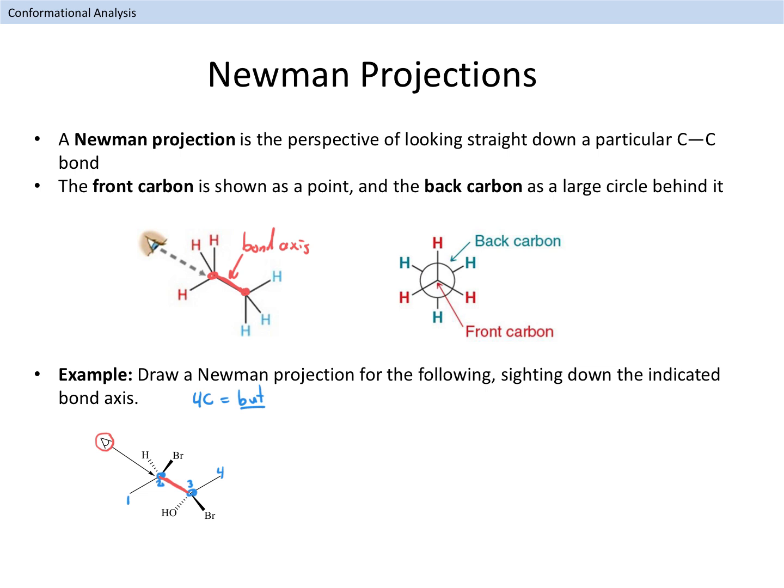In this example, the perspective is indicated by the inclusion of the eye graphic, which tells us both the bond we are looking down and which of the atoms of this bond are in the front and back. Carbon-2 will be in the front, and carbon-3 will be in the back. To start our Newman projection, we make a dot for the front carbon atom.